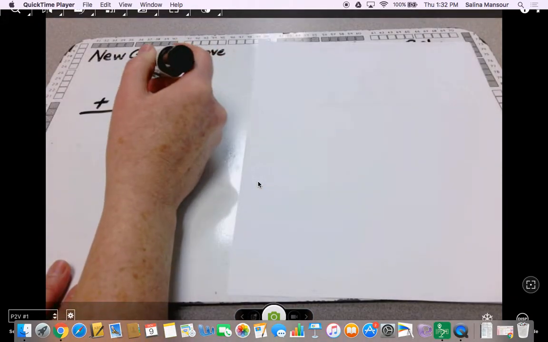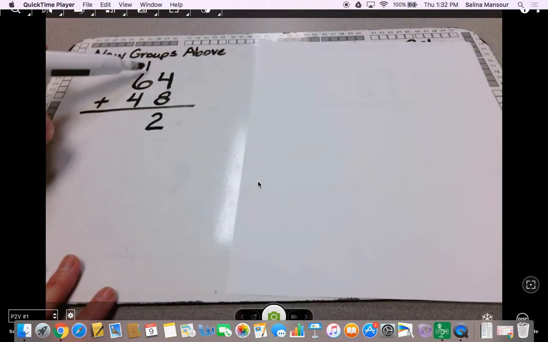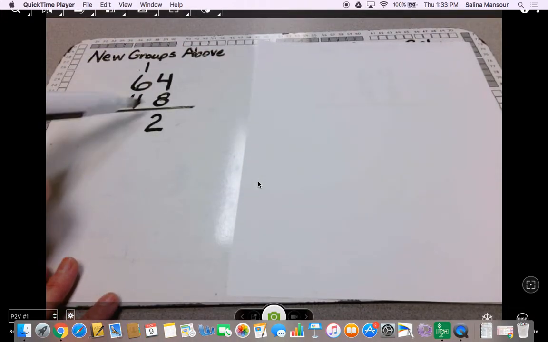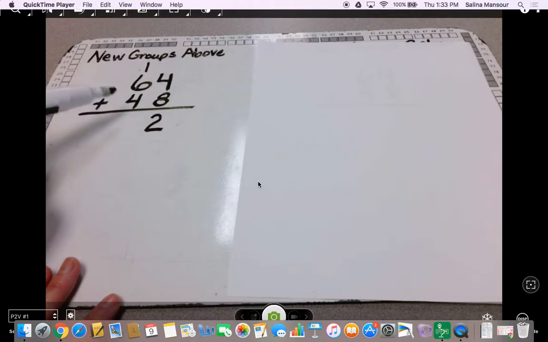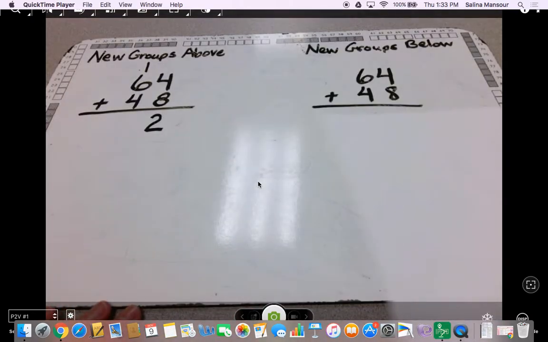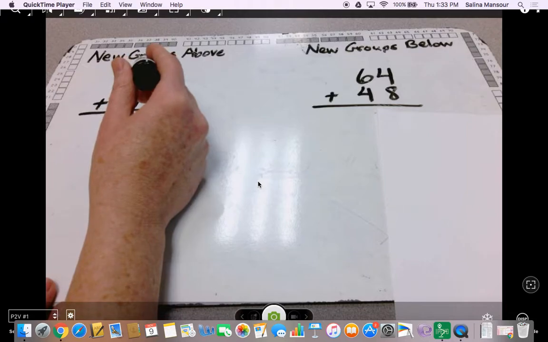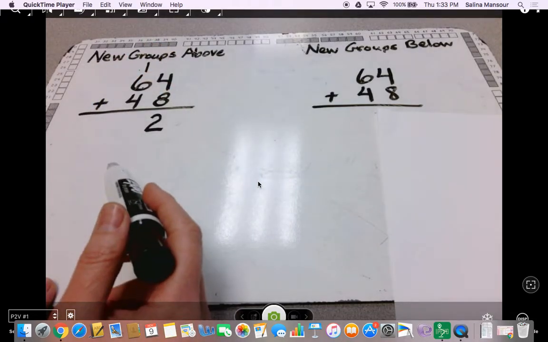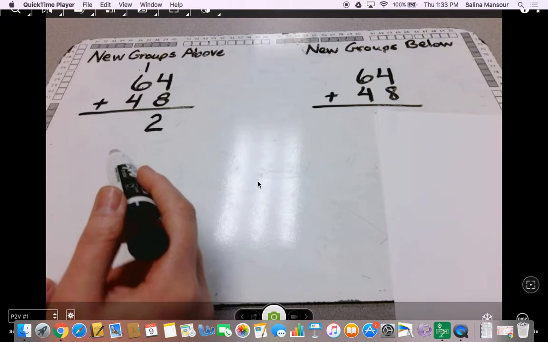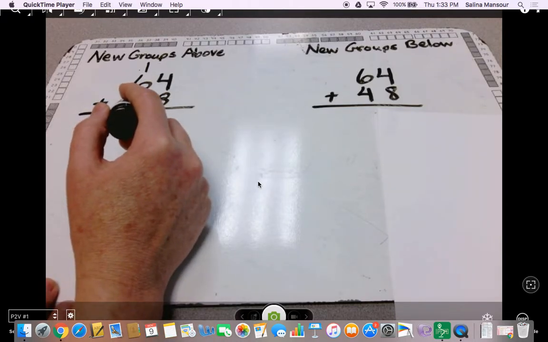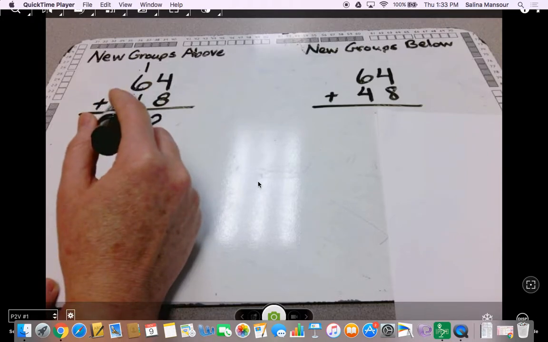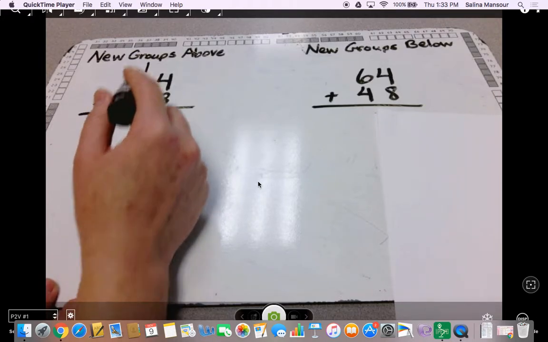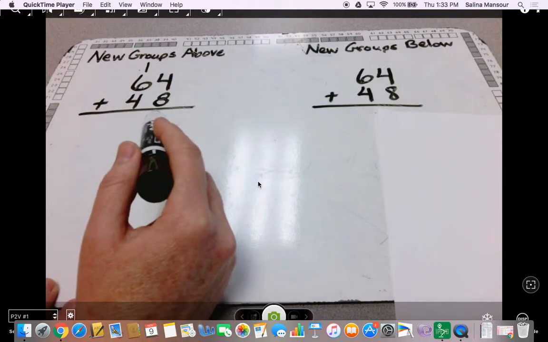And if you can imagine in your mind 1 10 and the 2 making the number 12. Now I'm going to add my tens place. 1 10 plus 6 tens plus 4 tens are 11 tens. I can also quickly think to myself, I know that 6 and 4 are partners of 10, plus 1 more is 11.